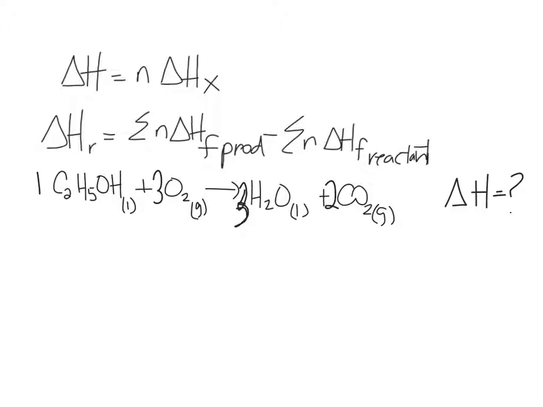Now, we're going to use this formula to figure out. So delta H is going to be equal to, so we take our products first. So we have 3 moles, you take the coefficients, times delta Hf of liquid water, plus 2 moles times the delta Hf of CO2.